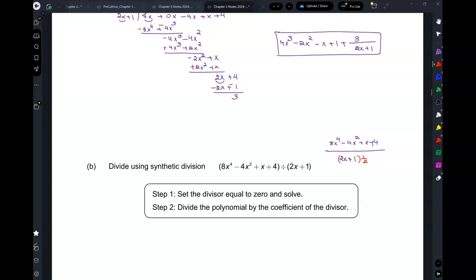If I multiply this by something, I have to do the same thing to the top, in order to keep the fraction balanced. So if I divide this by 2, I also must divide that by 2. Okay? In fact, I have to do that.